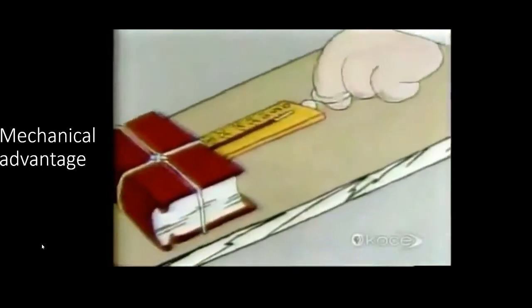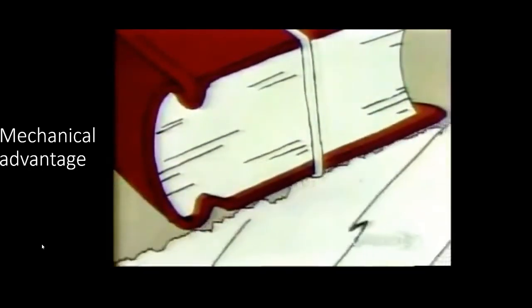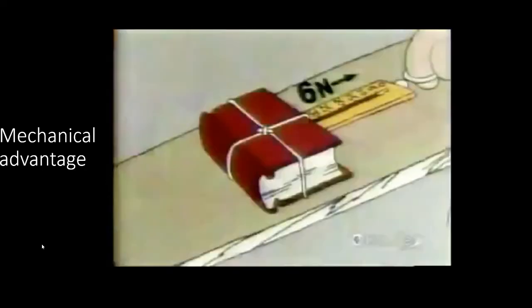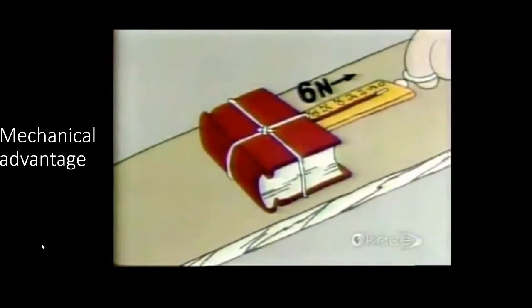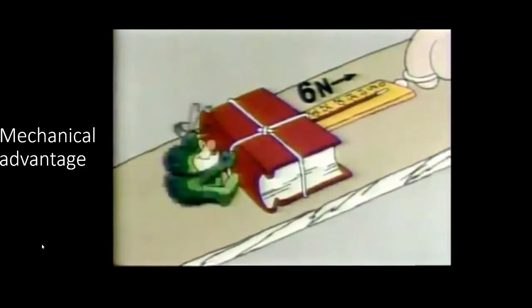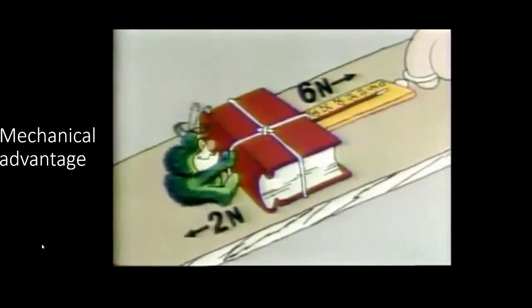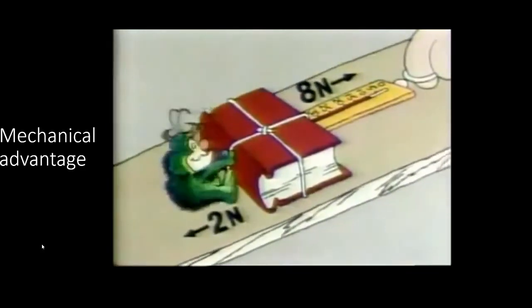Because of something we've forgotten about till now, the force of friction. Every time something rubs against something else, there's friction. In theory, Professor A should have been able to pull the book up the inclined plane with a force of only 6 newtons. But since friction was pulling in the opposite direction with a force of 2 newtons, the professor's pull had to total 8 newtons.